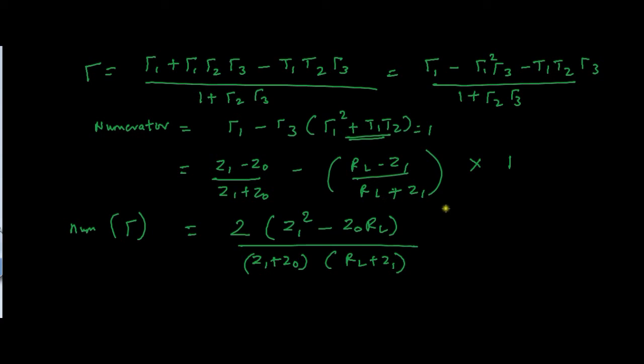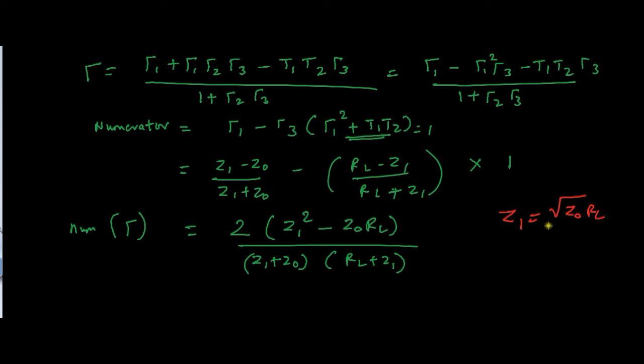So we know that in quarter wave transformer, we choose the characteristic impedance of the quarter wave transformer Z1 to be, so Z1 will be equal to root of Z0 into RL.